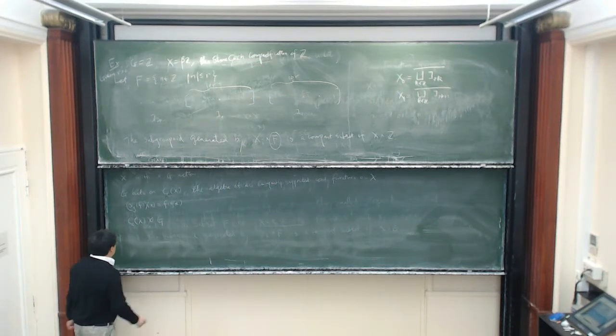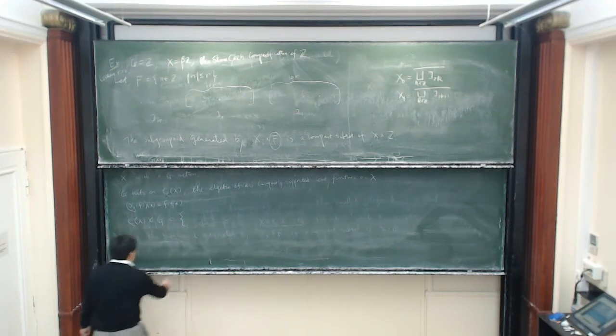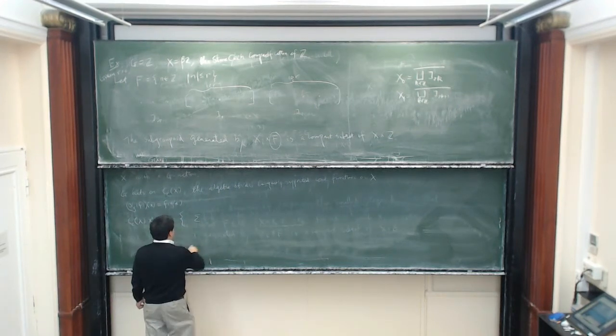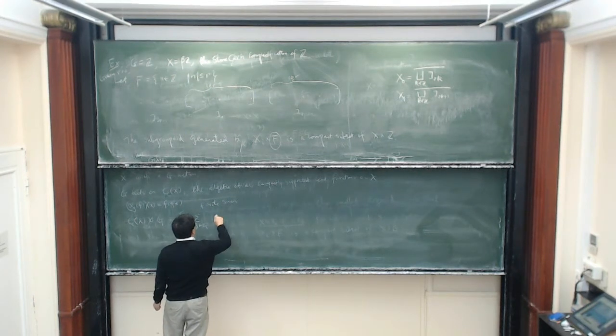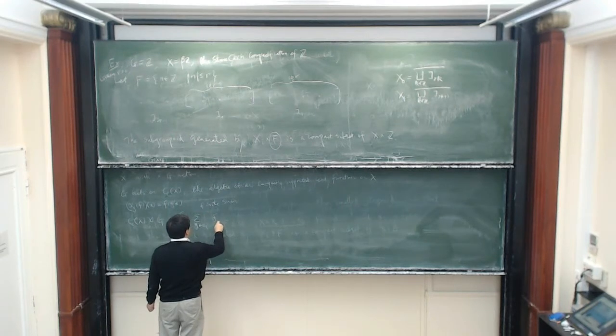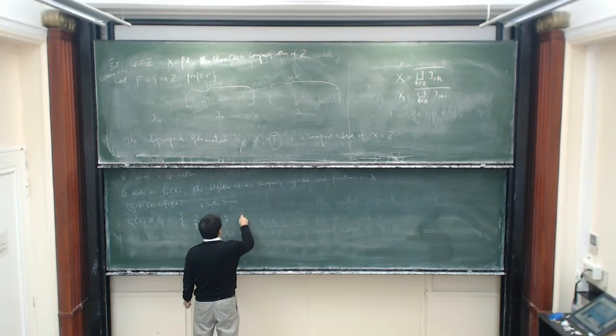It's a very elementary construction. As a vector space, it's just finite sums, sums of elements f_g g, where f_g is a function.